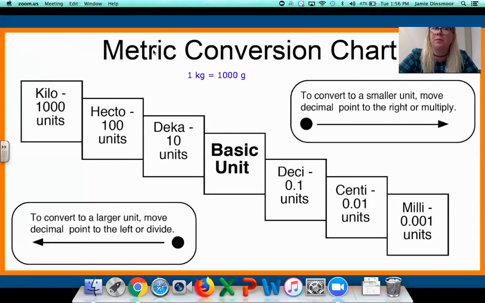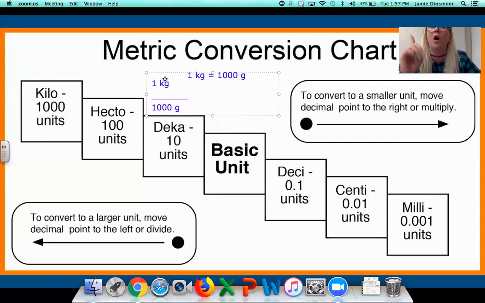And what's confusing about that is you can write this as 1 kilogram over 1,000 grams.